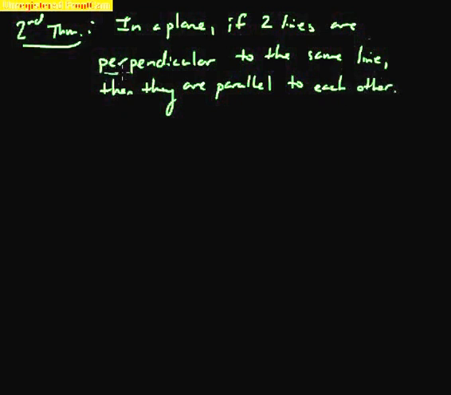And notice here we have perpendicular, but then we end up with parallel. So it's not like the same one. It's not all about parallels. It's if two lines are perpendicular to the same line, then they are parallel.